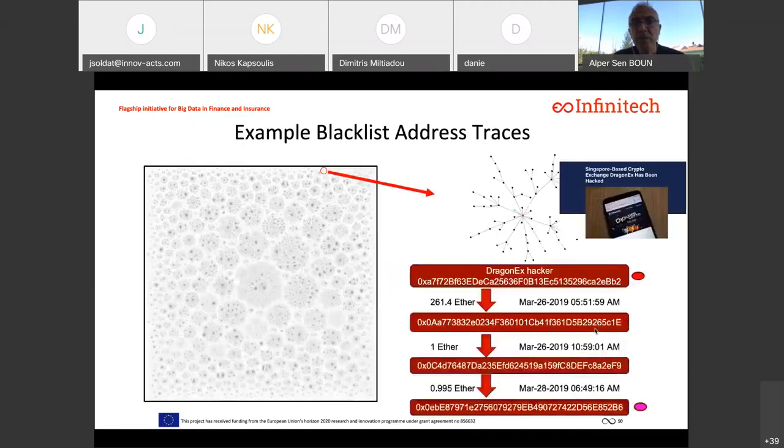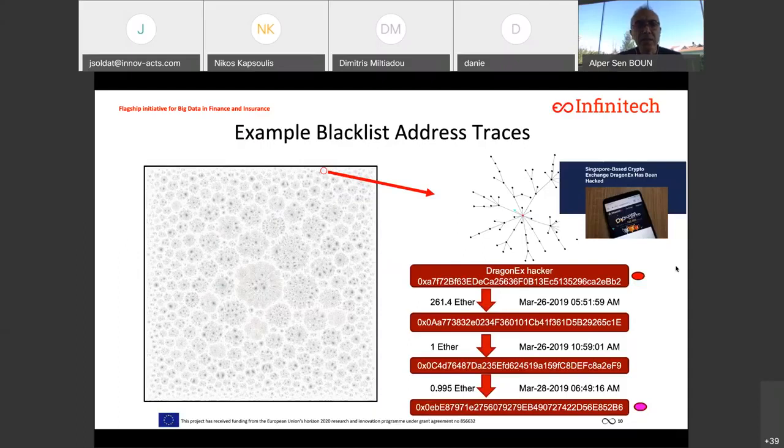Here's just an example of the transaction graph again. And here I wanted to demonstrate, as you may have heard in the news, that there are several hacking attempts on blockchain. This also lowers public confidence. One of the hackings was on that Singapore-based crypto exchange, DragonX.